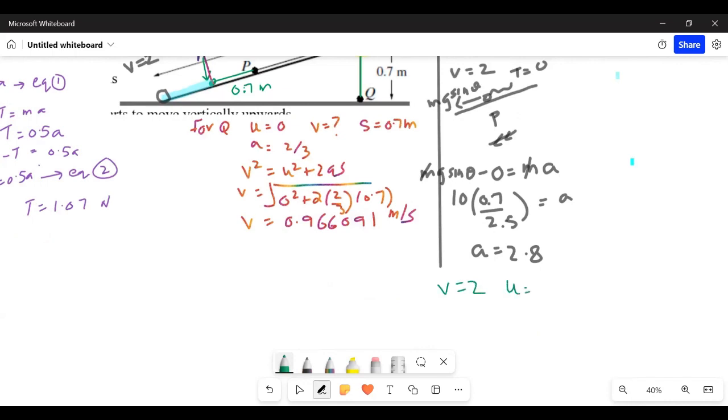And the rest we already know: V was 2, U was 0.966091, and A is now found to be 2.8. So now we can find S, the distance of the blue part. So we can use V square equals U square plus 2AS again.